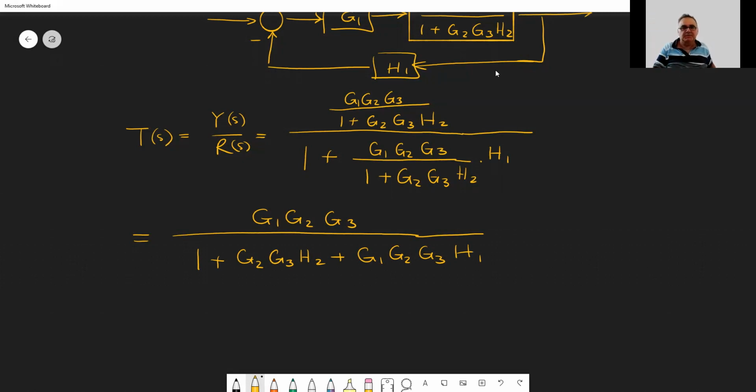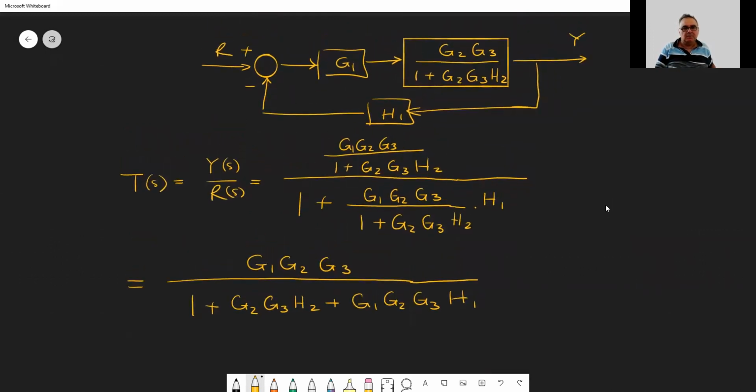This will be the total closed-loop transfer function.